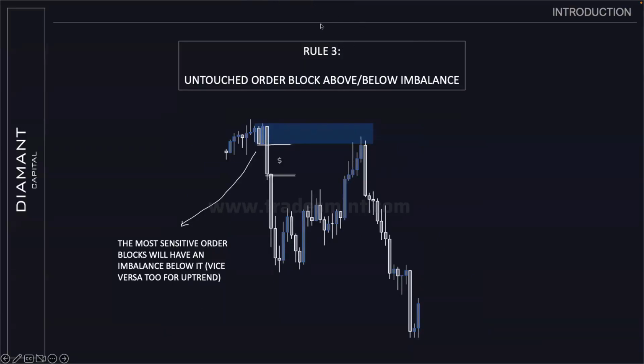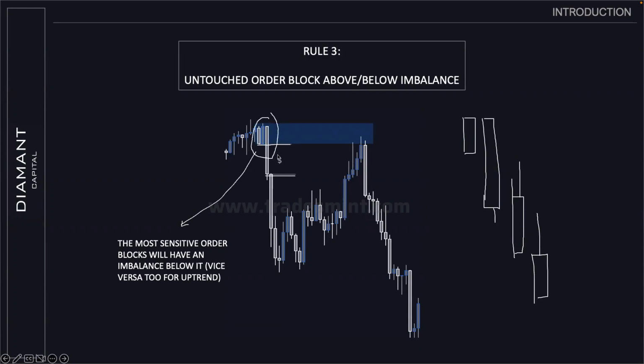You get order blocks that, for example, have done something like this. Let's say that's the up order block, and you've got the down one. And you've got some order blocks that do something like this. It pushes up back into the zone, pushes up, pushes up.